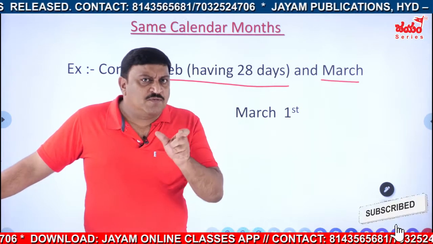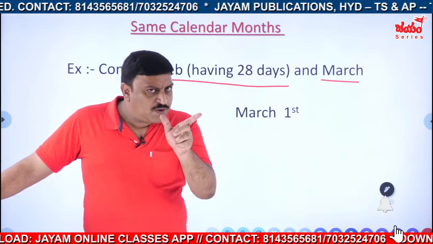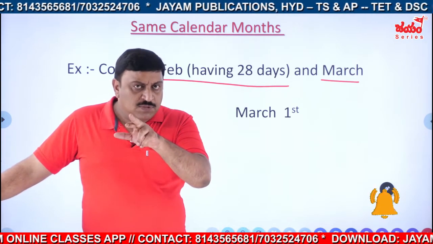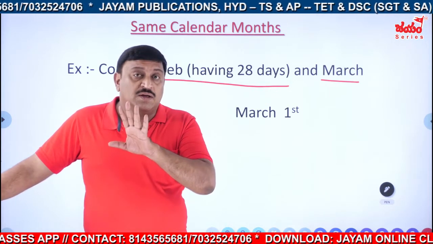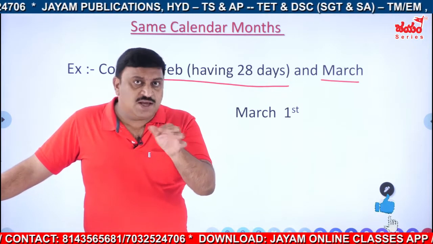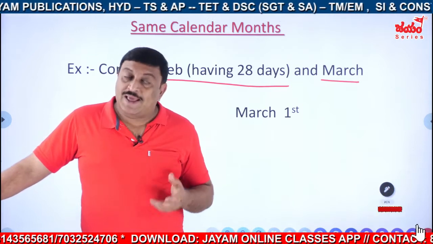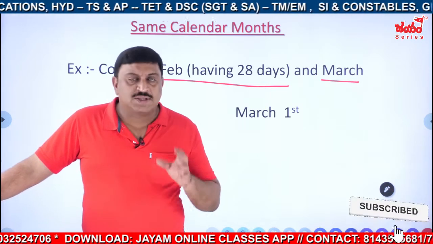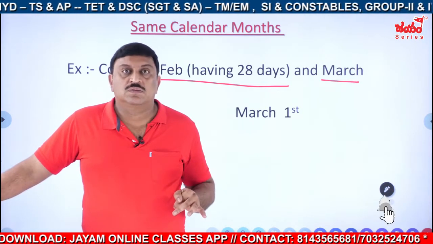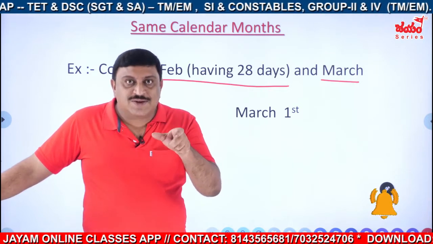Both resemble the same. February 1st is Monday, then March 1st is also Monday. February 10th is Wednesday, March 10th is also Wednesday. Why is it so? That is called the same calendar month.